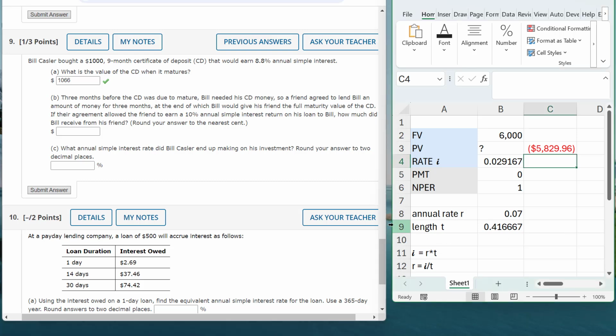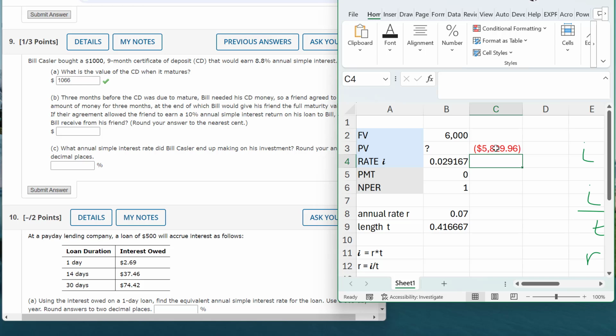Let's do Bill Kassler. So I'm going to do bills, and this is his bill CD. Okay, Bill makes an agreement with the bank.